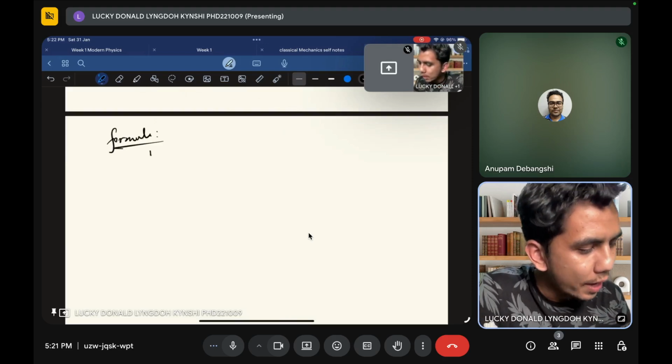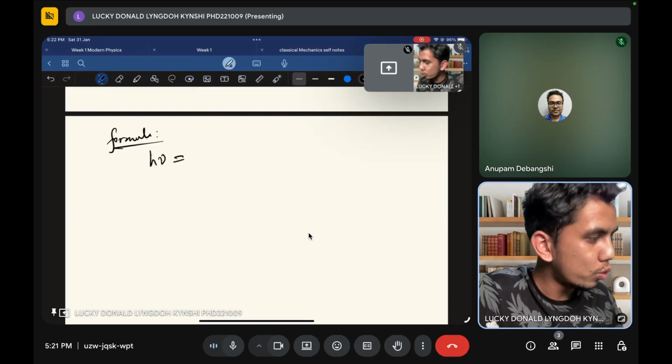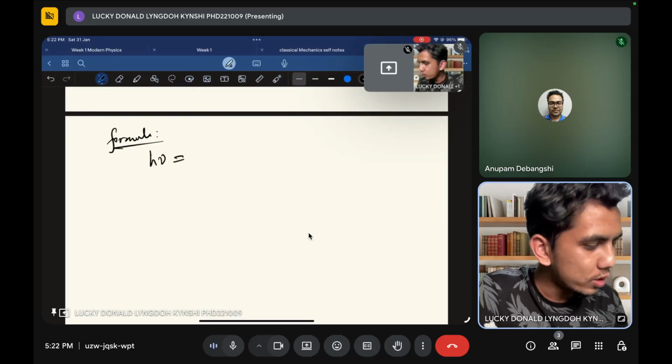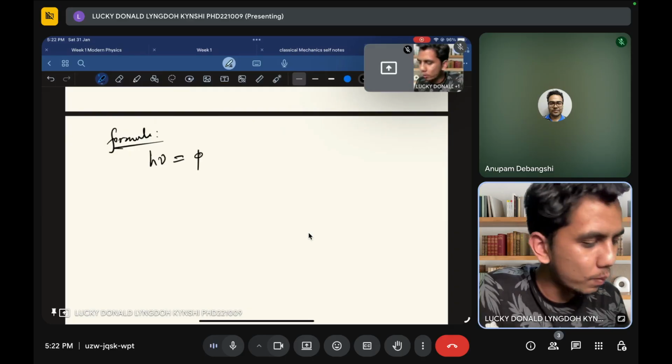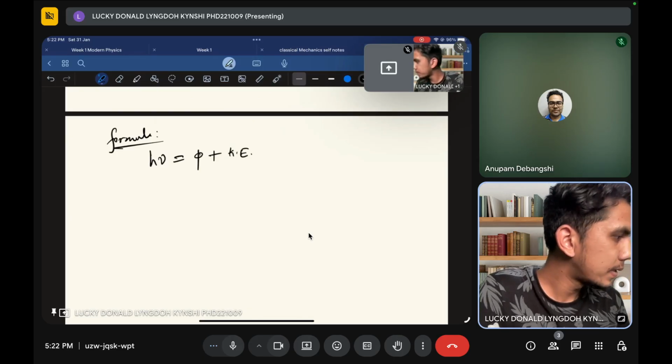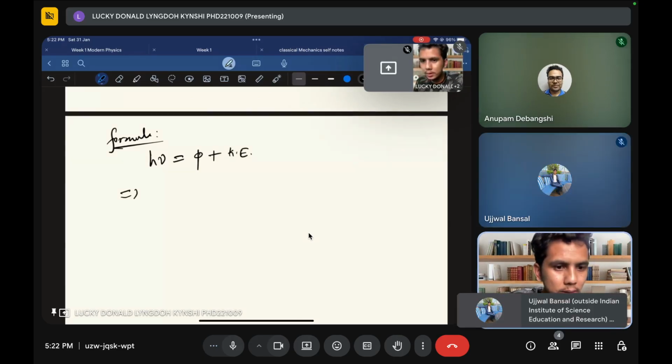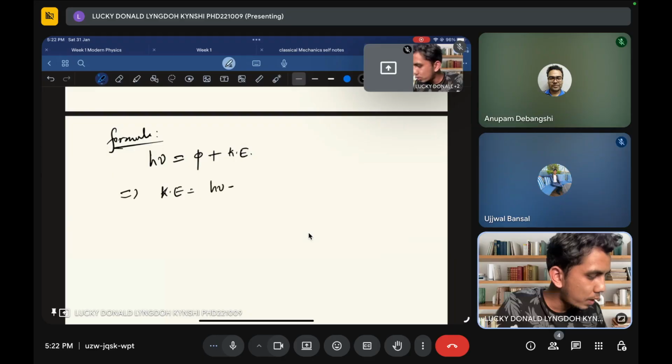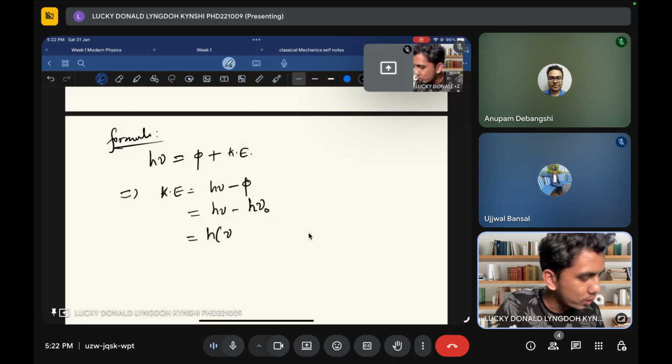What happens? h mu is equal to phi, the work function of the metal, plus the kinetic energy. Or the kinetic energy is equal to h mu minus the work function, where the work function is in fact h mu naught, so h mu minus h mu naught.